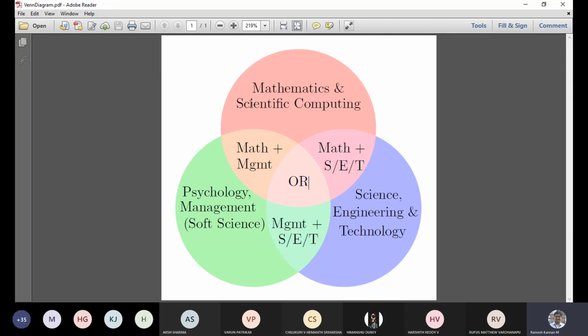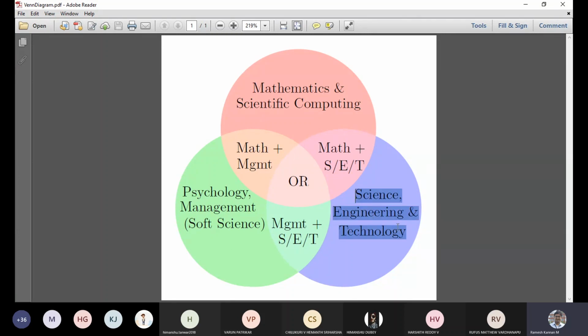One is mathematics and scientific computing, another is science, engineering and technology, and the third, which is very important, is called soft science, in which we bring in psychology, management and other aspects. So OR is the integration of all these three fields: mathematics, science, engineering and technology, and psychology and management.